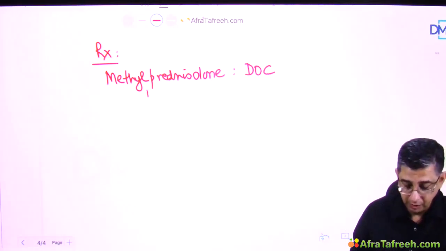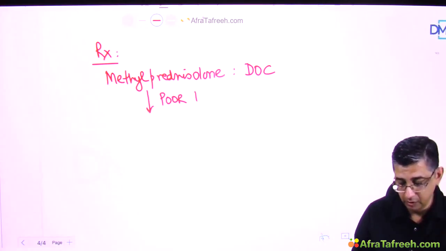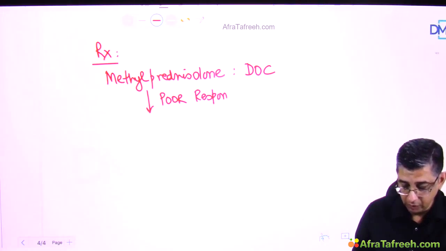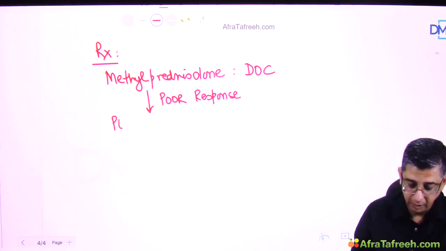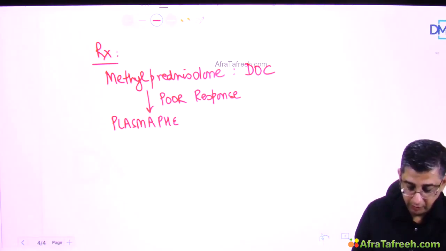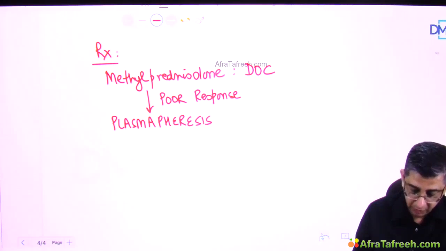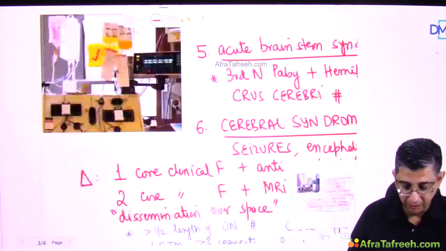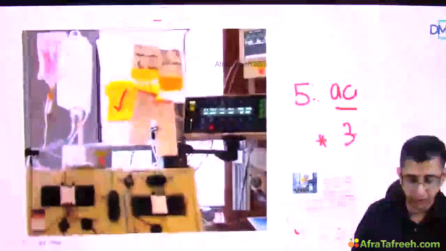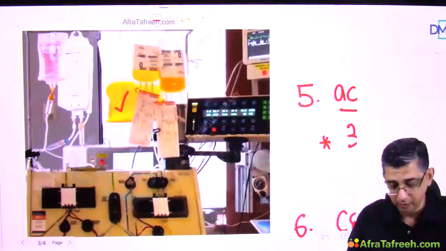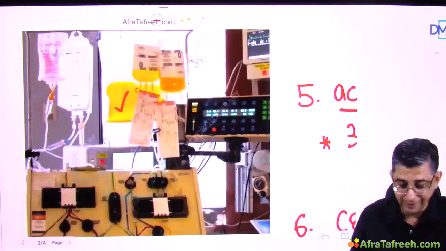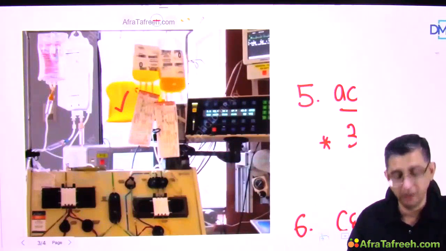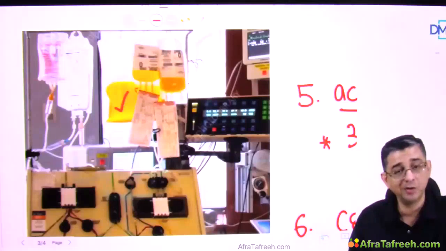If the person is having no response or poor response, or the treatment with methylprednisolone is failing, then we also have a backup technique by the name of plasmapheresis. Here we will remove the dangerous antibody from the circulation of the patient. Plasmapheresis effectively looks like hemodialysis, but you can see these huge plasma bags, jumbo bags, where we clean the patient's plasma of the toxin and send the plasma back into the body.